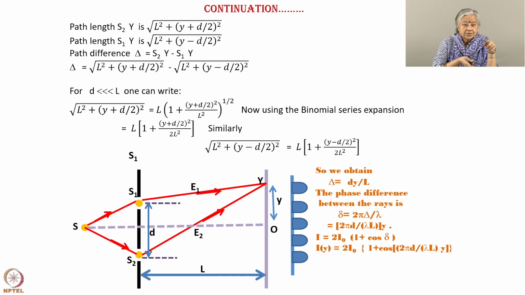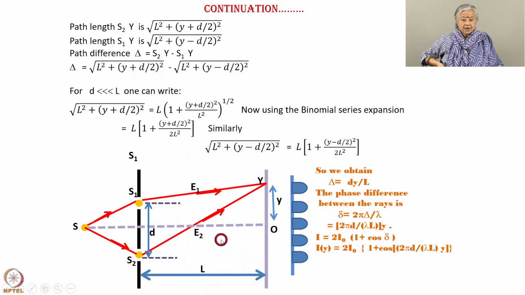Here I have just repeated the diagram to give you an idea. The path length S2y, that means from here to here, is root of L square plus y plus d by 2 whole square. That is a geometric way you can describe it.